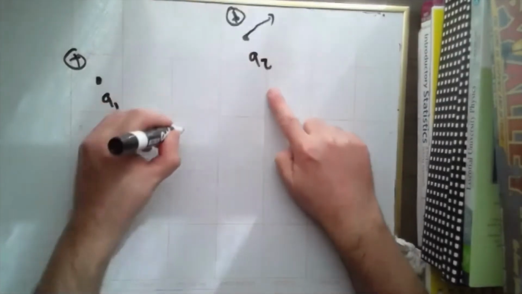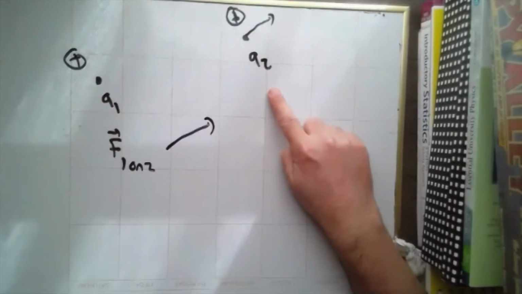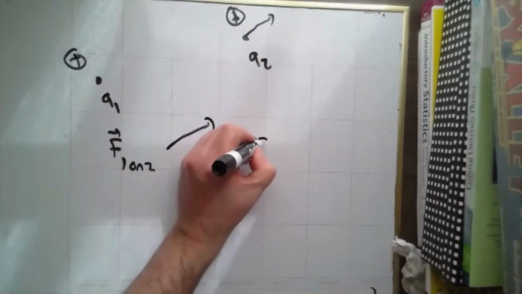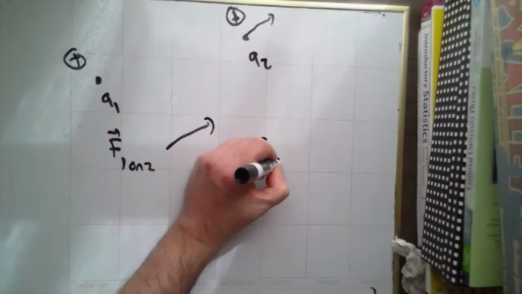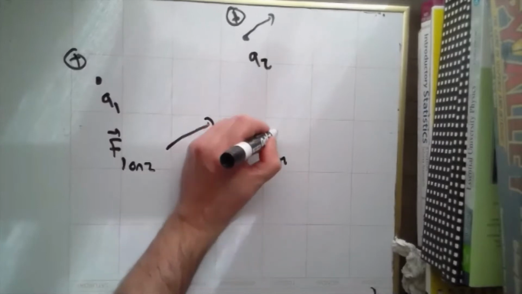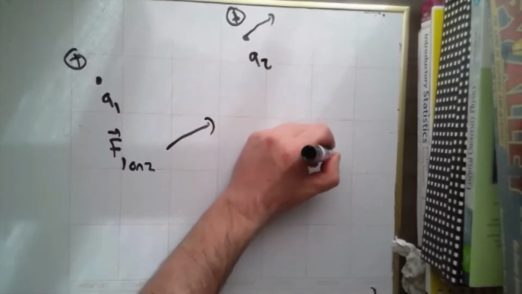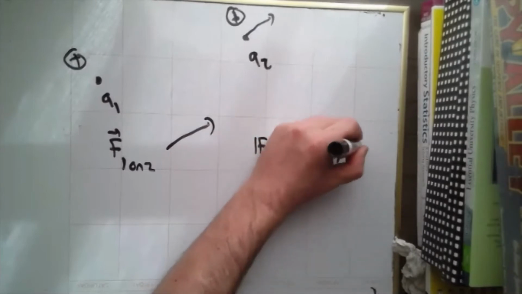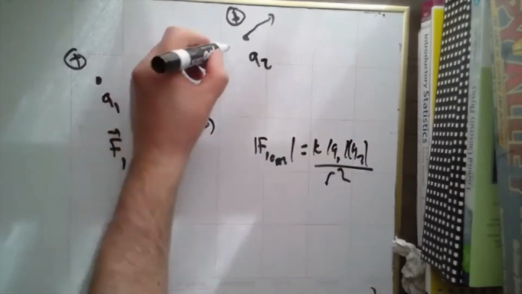It will point up at that angle and will have magnitude K Q1 Q2 over their distance squared.